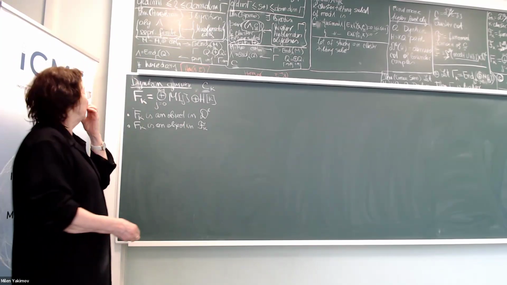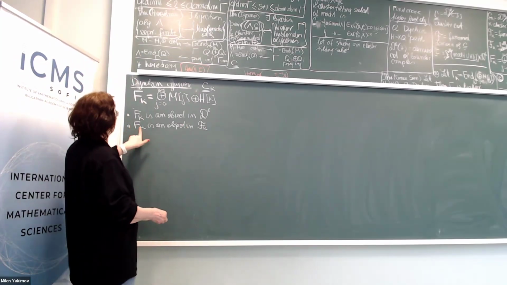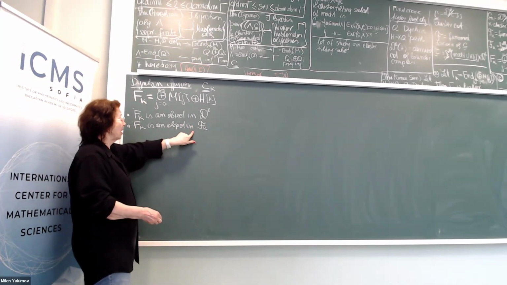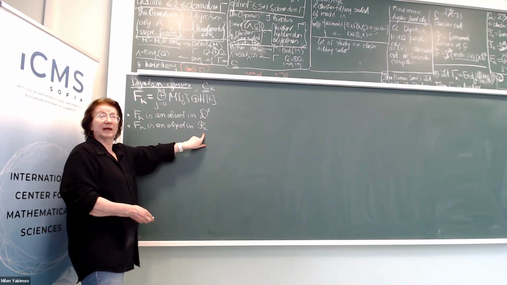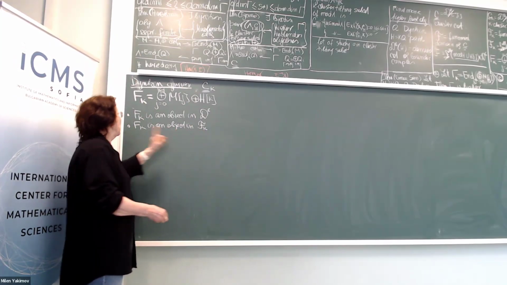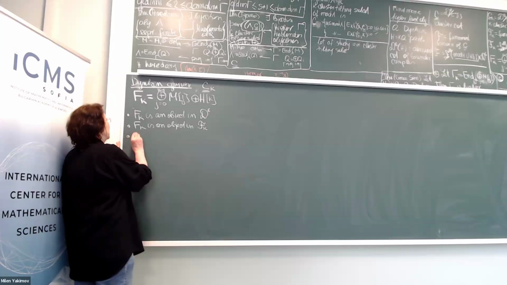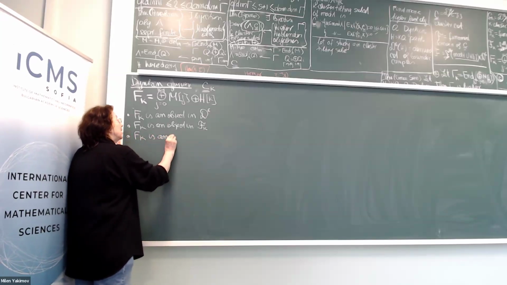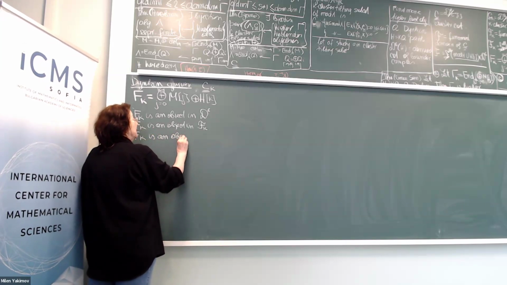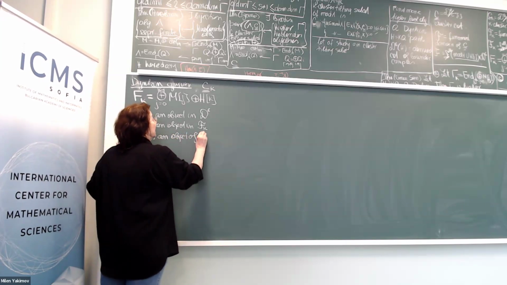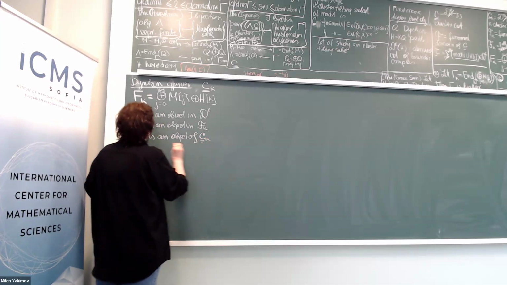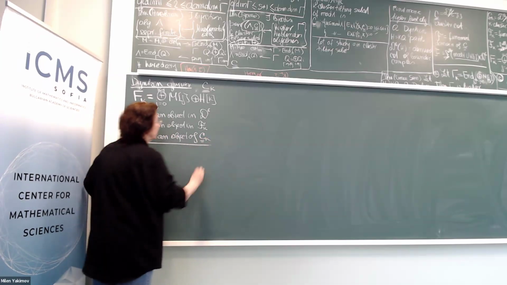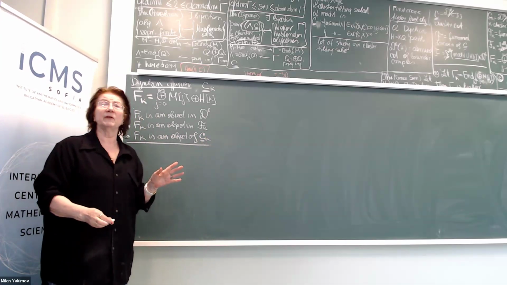So F_K is an object of that category. But then also F_K is an object of C_K, of the cluster category. So now I can look at this F_K in three different ways.